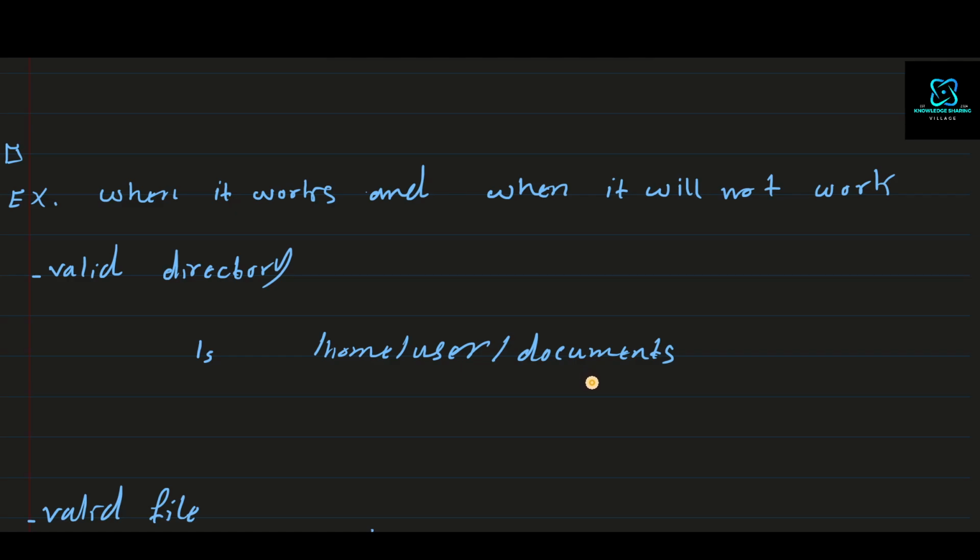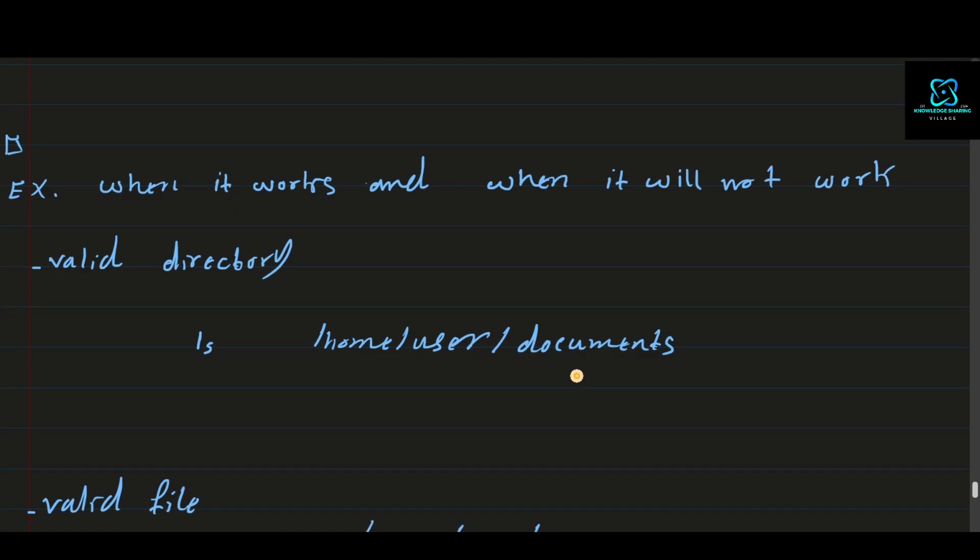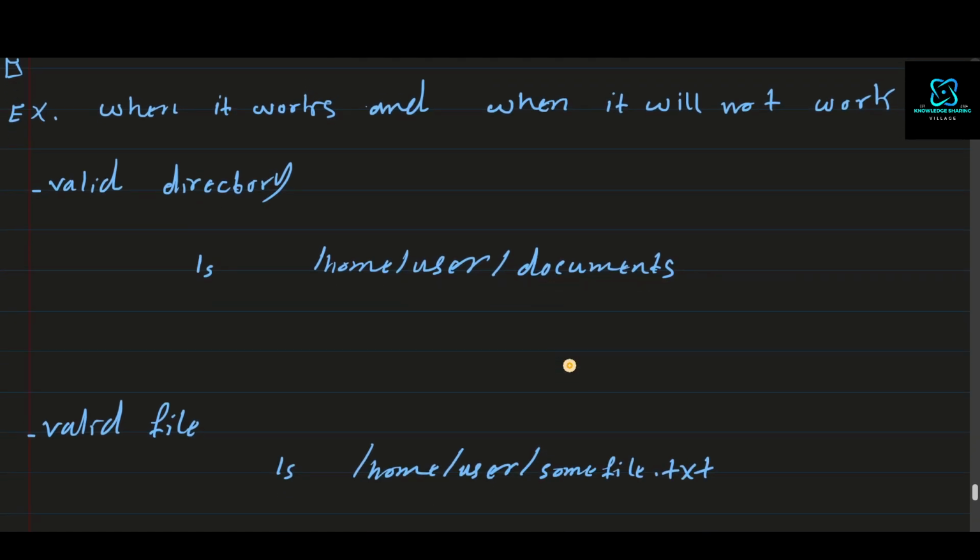It will be listed and sorted in alphabetical order by name. So the output will just contain the names of the visible content, sorted alphabetically. This will happen when the argument is a directory, and here it will work.